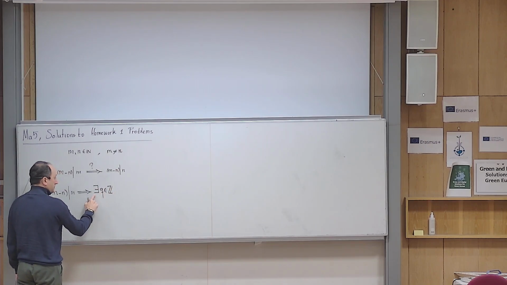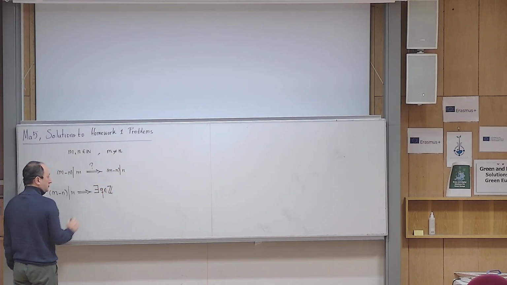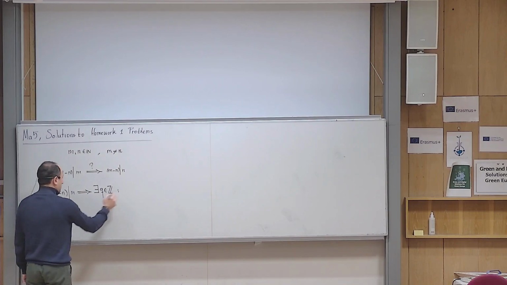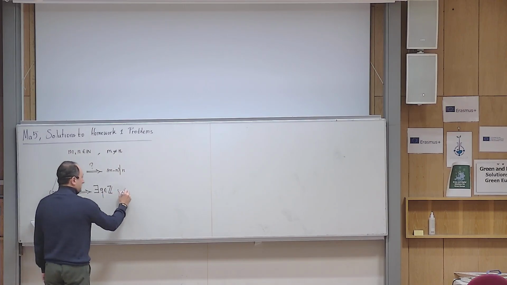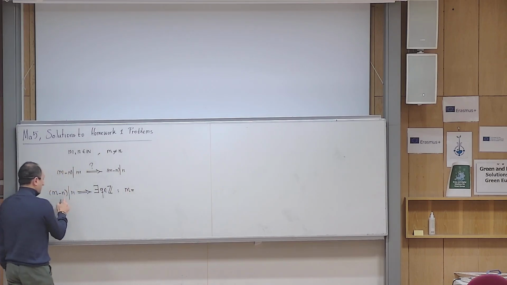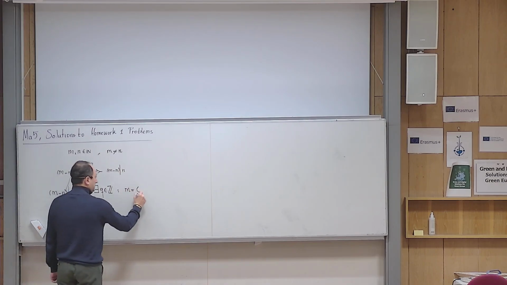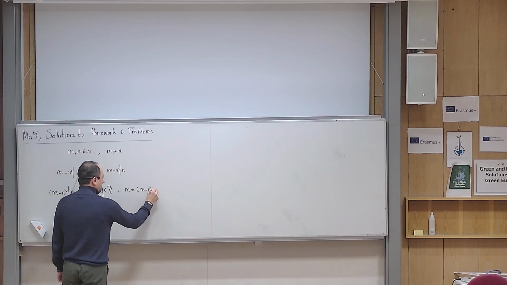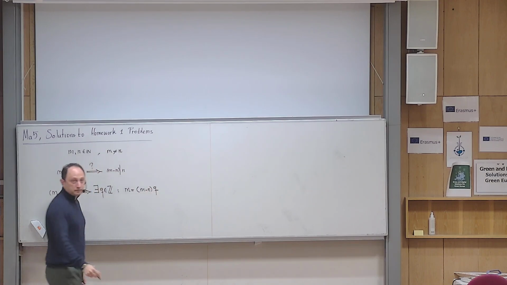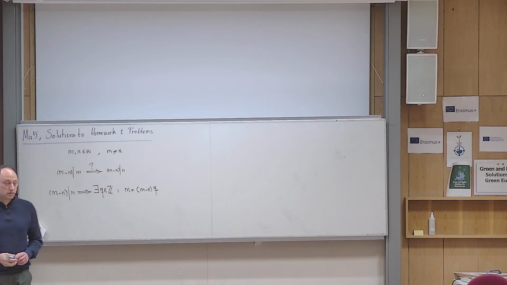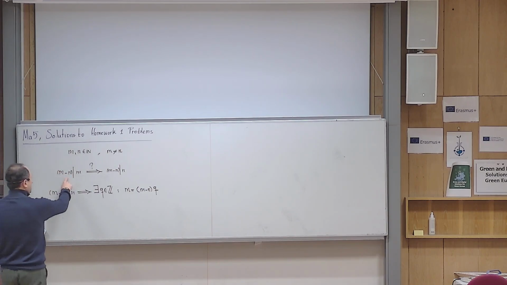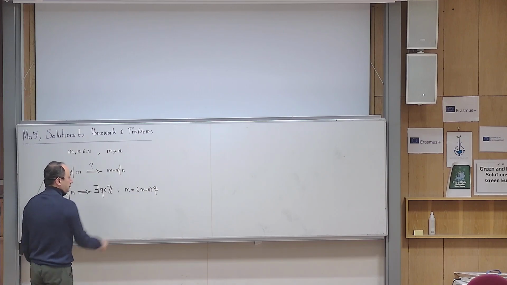So there exists q in Z such that the number on the right is equal to the number on the left multiplied by q. That is the definition, yes? If you tell me this, I am allowed to write that.